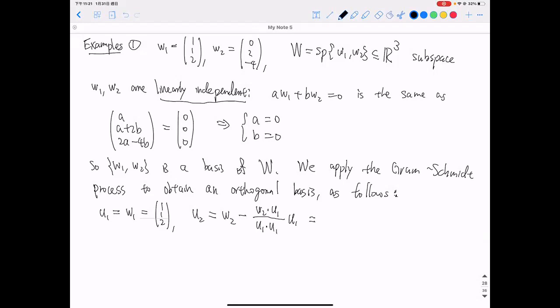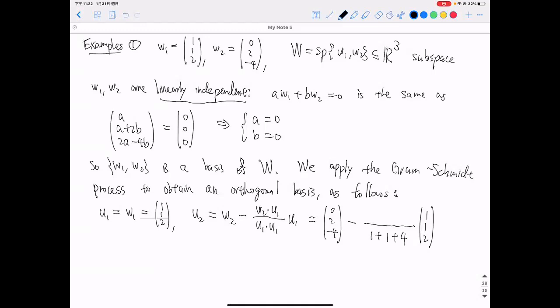Okay, so we can now be explicit about this. W2 is 0, 2, negative 4 minus U1 is W1, so that's 1, 1, 2. Now the number we need to put here, U1 dot U1 is 1 plus 1 plus 4.